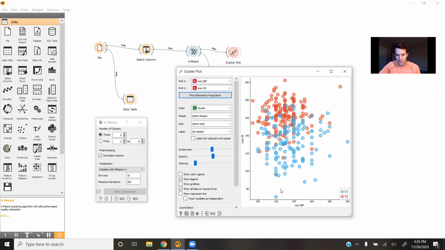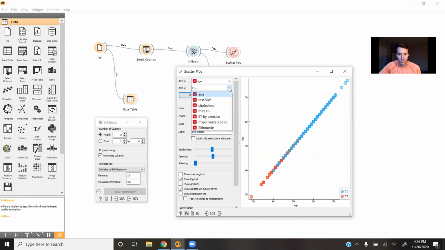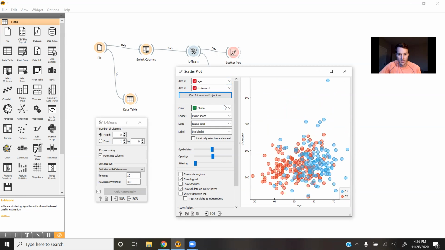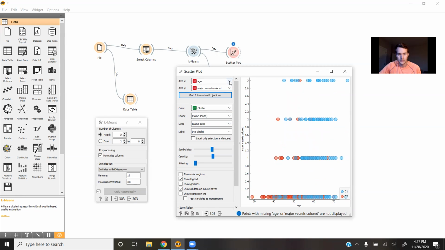So it's interesting to look at max heart rate and resting blood pressure and how those interact with each other. And then I want to put age up here on the y-axis, and then no, we did that one. And then max heart rate. This one is the same representation of the one we looked at a minute ago, but a little bit different. That one was not a good one.